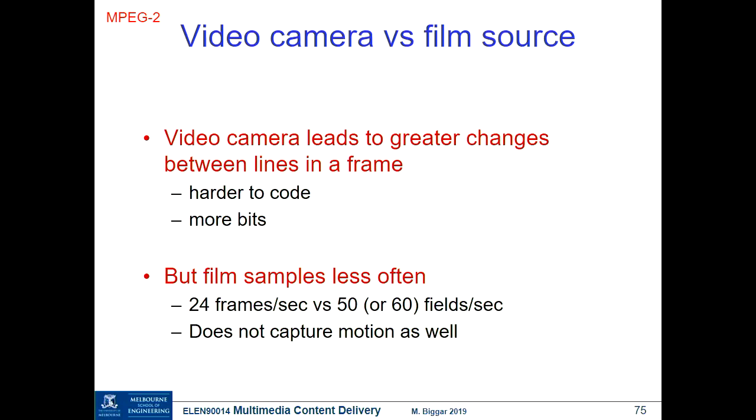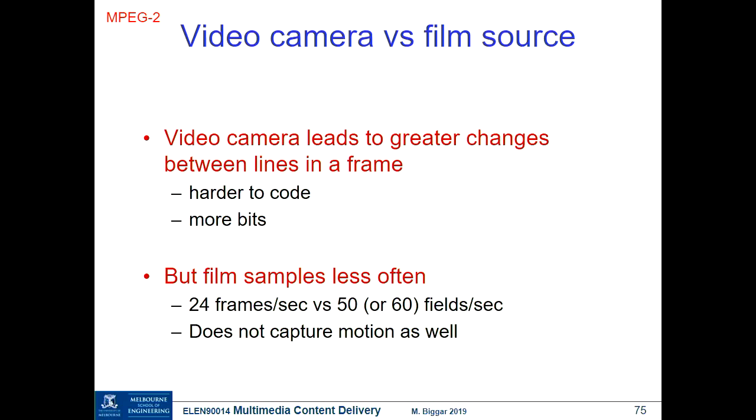So film, because it samples at only 24 frames per second, the motion is less smooth. The moving objects are seen to jump across the frame, and you'll see this in the cinema.